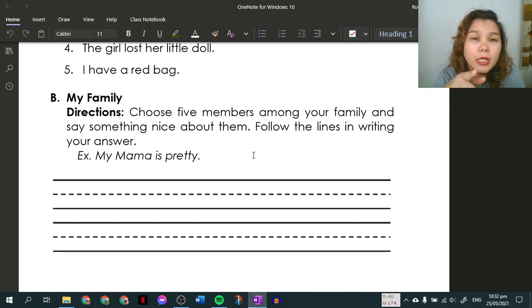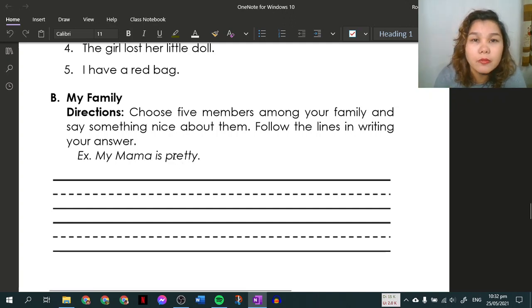It should begin with a big letter at the beginning of the sentence, and because you are to tell something about your family member, you have to end it with a period. Like the example, my mama is pretty. My begins with a big M, and after the sentence, there's a period. So use the lines.